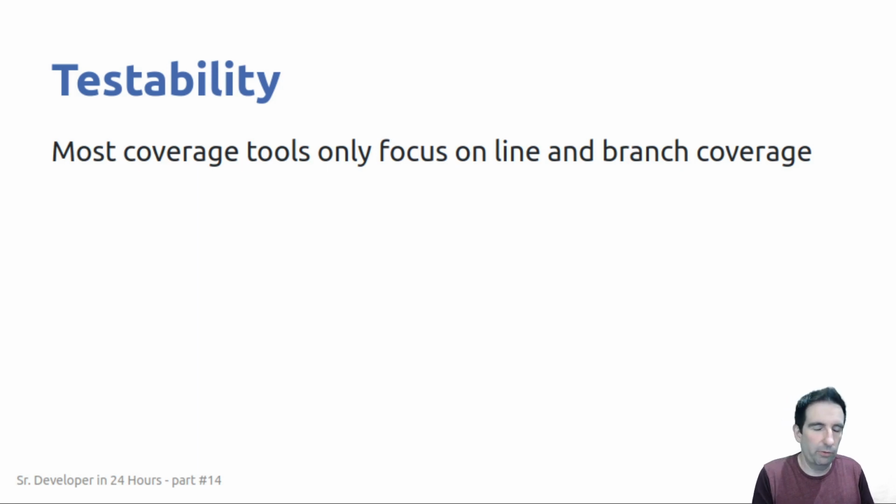It might be used in some very specialized industries where we have a lot of regulation, where you have things that are truly mission critical. But for the most part, line and branch coverage is where we are. And as long as we are able to measure those two, we'll have a reasonable understanding of how comprehensive our tests are.